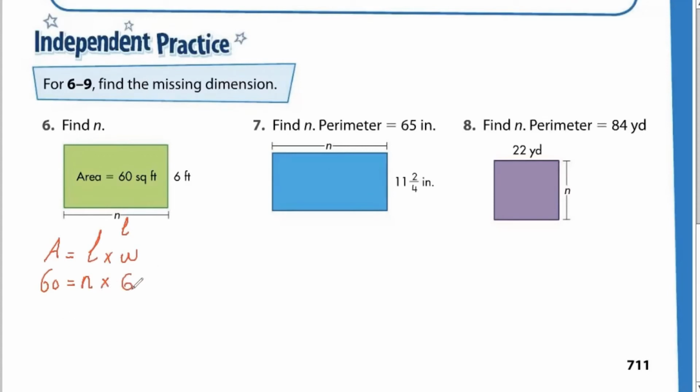Now to get rid of 6, I will use the inverse operation. Here we have multiplication, so I will use division. Can I divide only one side? No, I have to divide both sides. 60 divided by 6 equals 10, and 6 divided by 6 equals 1. So n equals 10 feet.